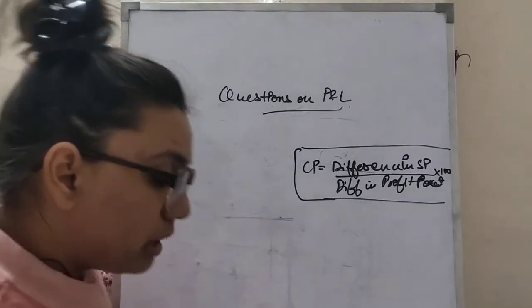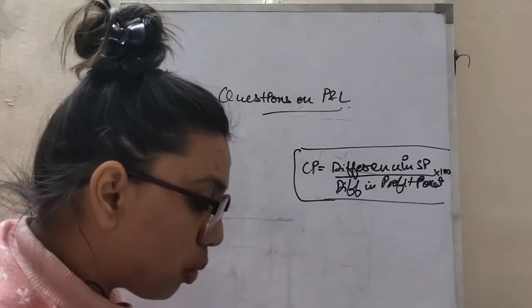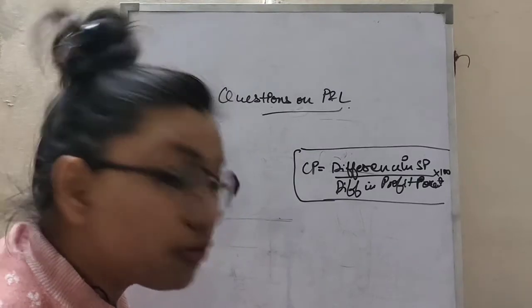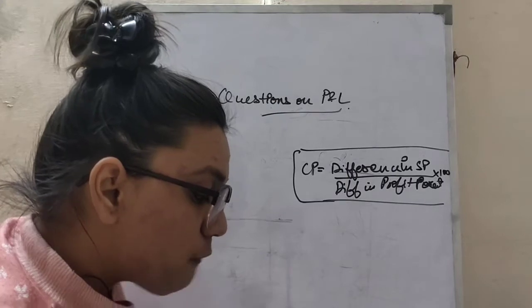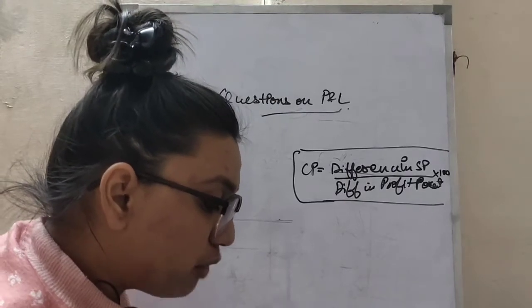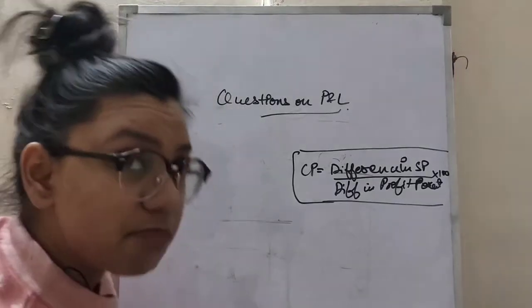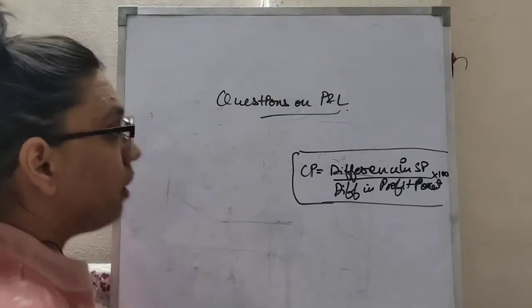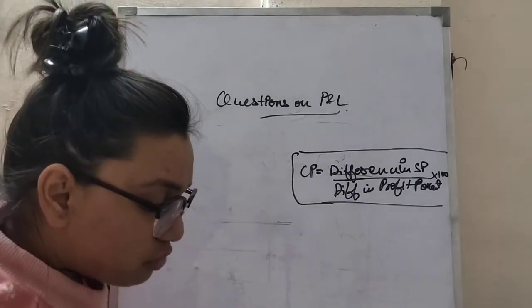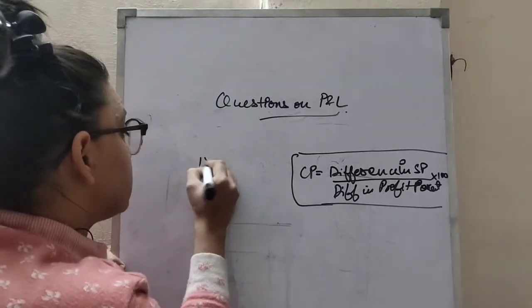Okay, so for example, let's take a question: a person sold an article at a profit of 15%, and if he had sold it for rupees 480 more, then he would have gained 18% on CP. So we have to calculate CP here. What is my question saying? A person sold an article at a profit of 15%.